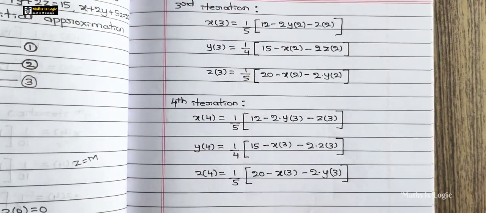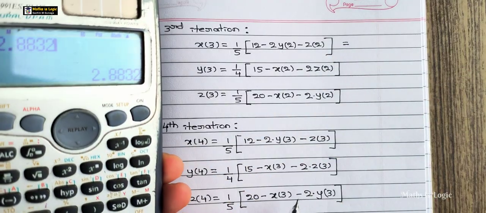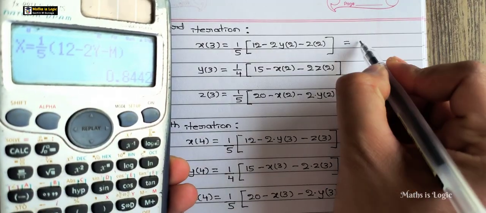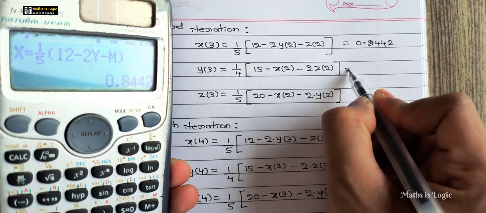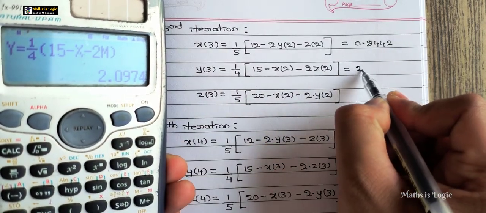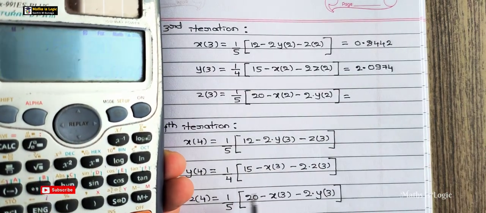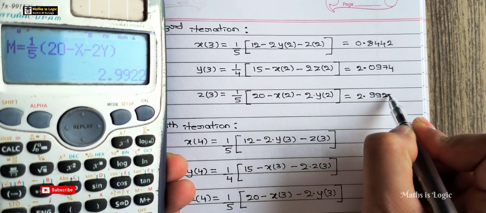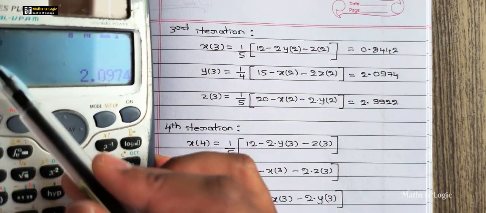Therefore now press equals, then press this decimal button, so 0.8442, that is the first value. Again press equals, 2.0974, equals, 2.9922.